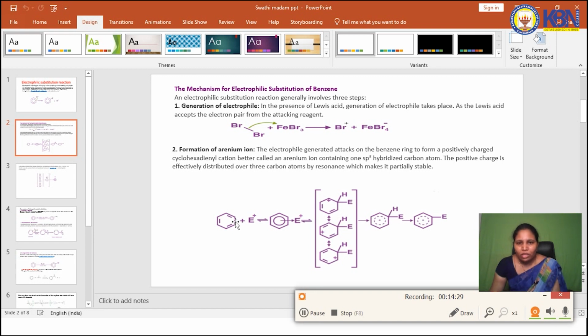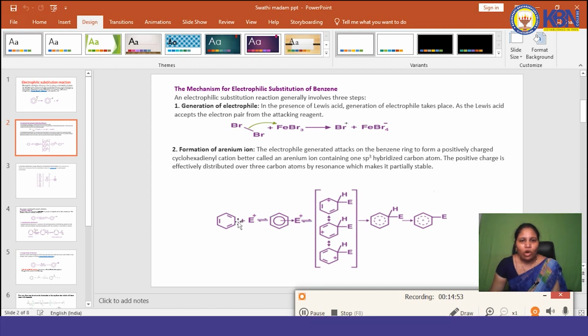So in this benzene ring, one pair of electrons is shifted, hence it gets negative charge. Obviously here this will get positive charge, and this will get negative charge. To this negatively charged ion, the H plus ion gets attacked.